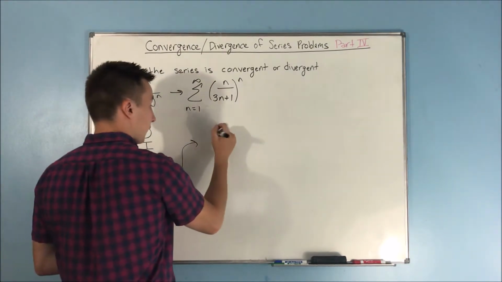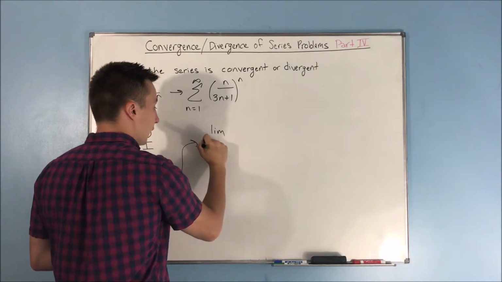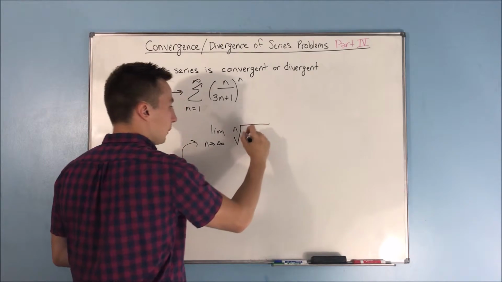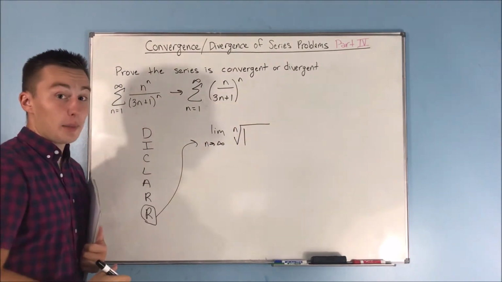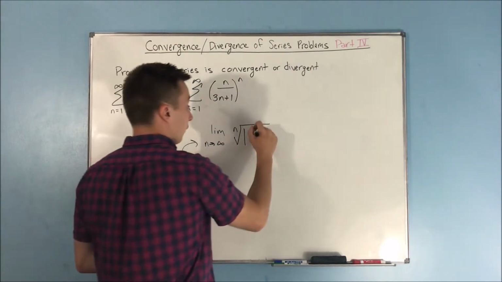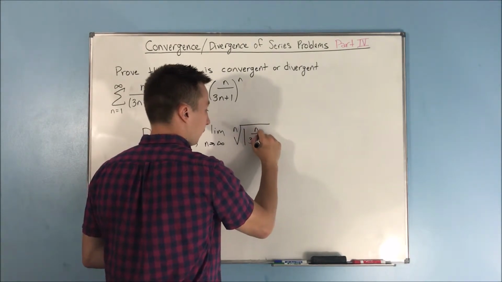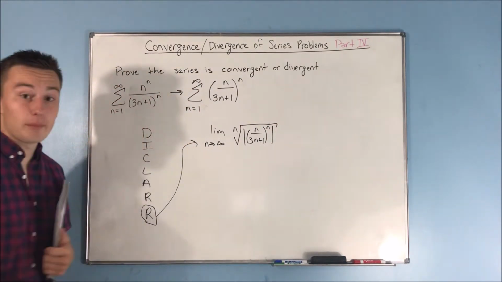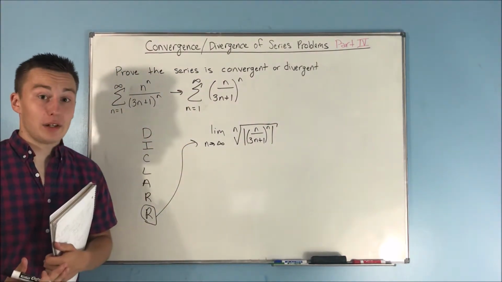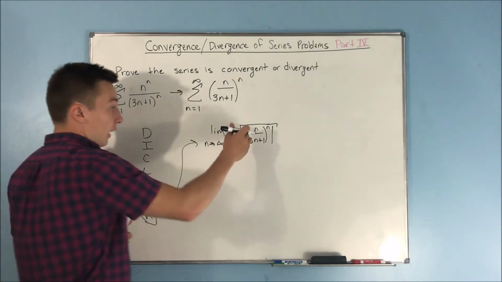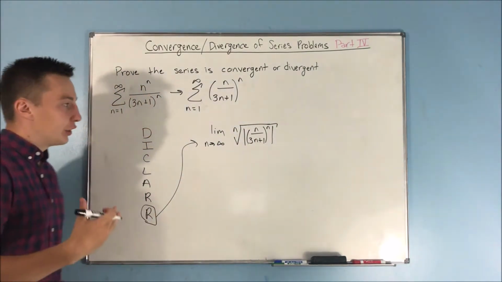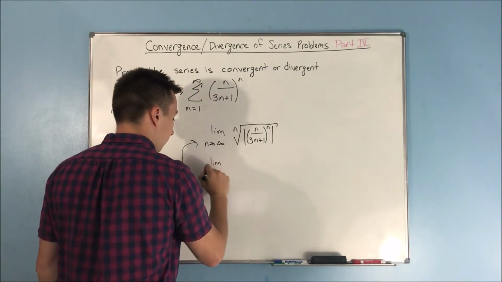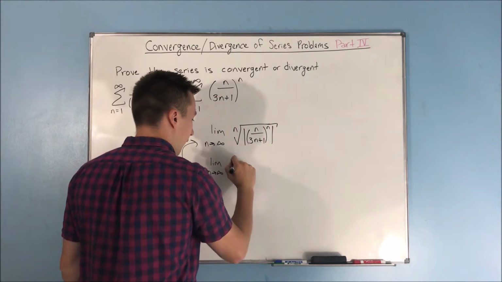The root test tells us that we need to take the limit as n approaches infinity of the nth root of the absolute value of our a sub n. Our a sub n here is n over 3n plus 1, raised to the nth power. Now, all our terms are positive here, the n, the 3n, the 1, so we don't really need this absolute value sign.